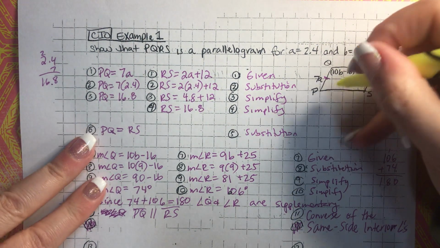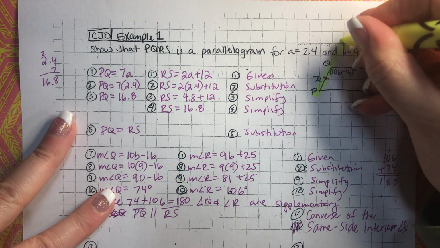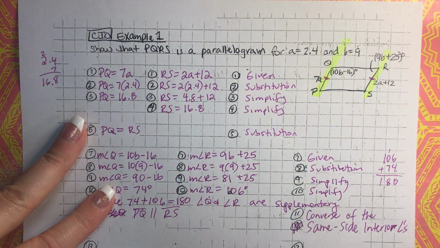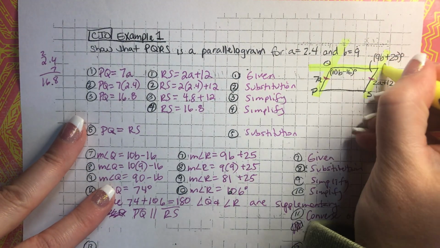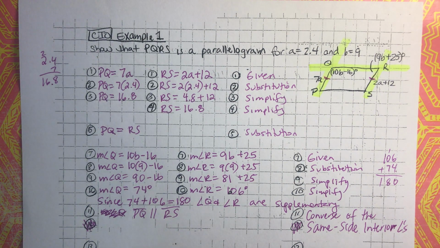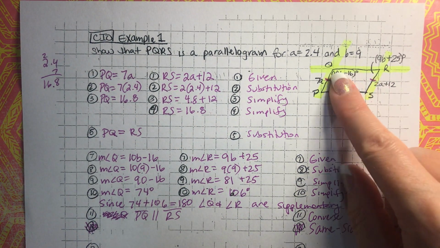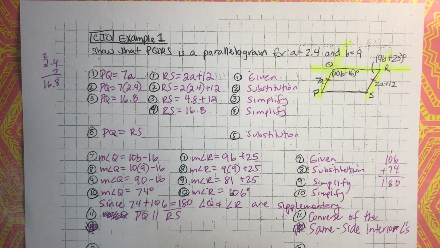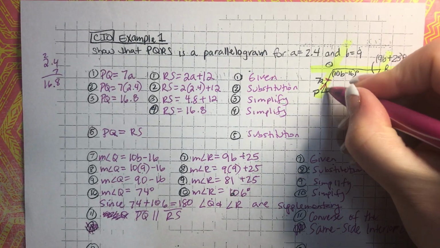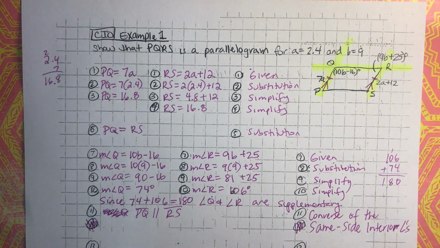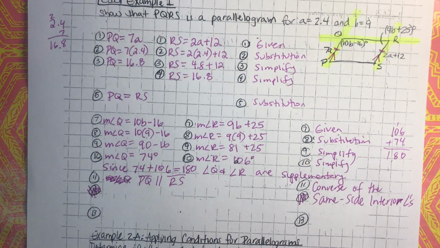So let's say this, we need this and this to be parallel, right? So if that's a parallel line, and then this is our transversal, these are same side interior angles. And if they're supplementary, then we know that these two lines are parallel. And that's it, by the converse of the same side interior angles.